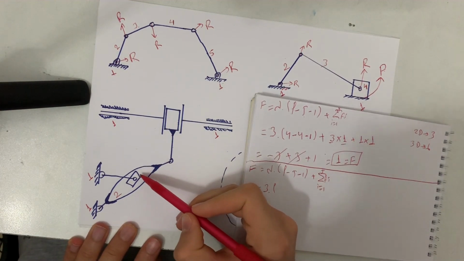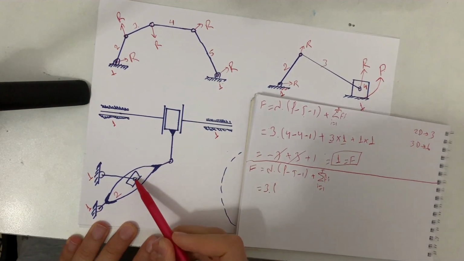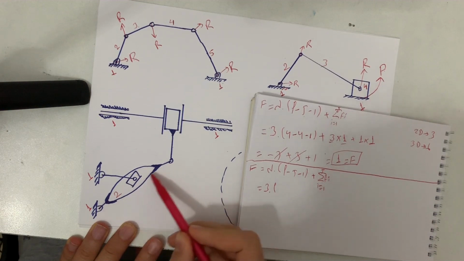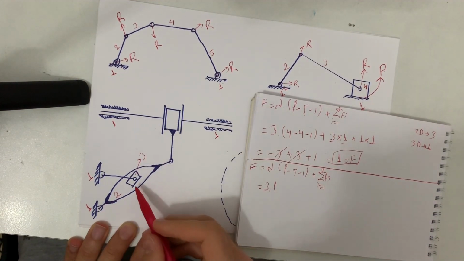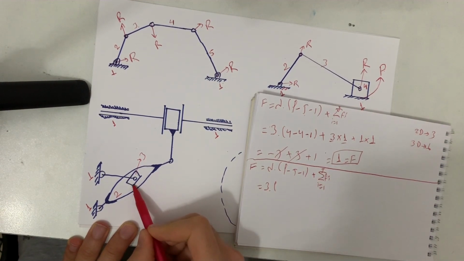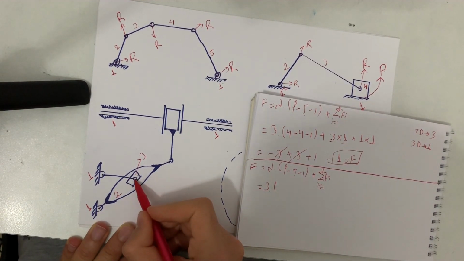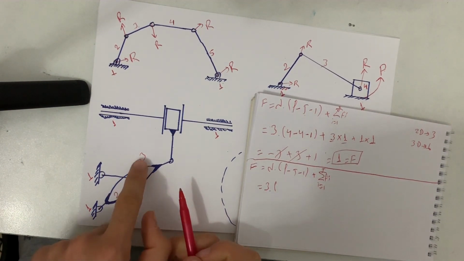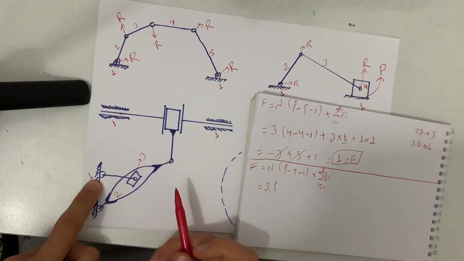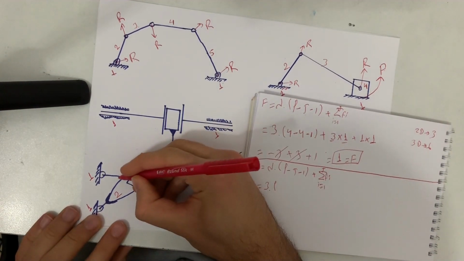But we have a different rigid body over there, which is sliding in the second mechanism. So I'm going to write down 3 for this rigid body. Also, I have another link which is connecting between the third and the first, which is the ground link.